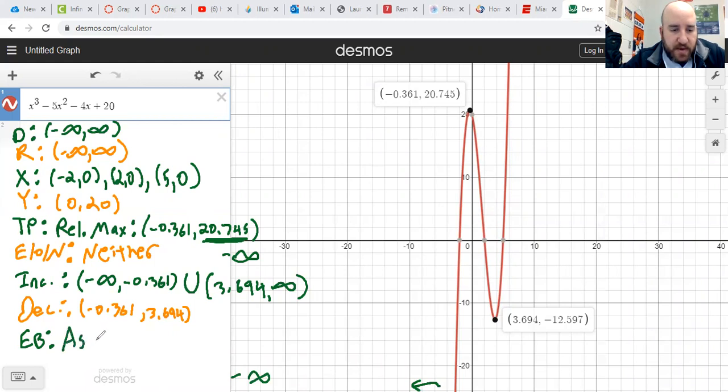So as my x values approach negative infinity, my graph is going down. So I'm going to say f of x because the graph represents our function. Our function values approach negative infinity y. Okay.